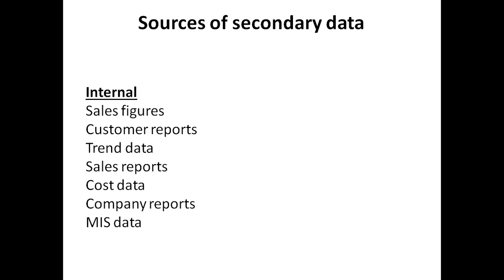Let us take the example of apparels. Today, whatever the shirts, t-shirts, trousers we wear are having one pattern. So what was the pattern of these shirts, t-shirts, trousers 5 years back, 10 years back, 20 years back, 50 years back? That pattern is called here the trend data.